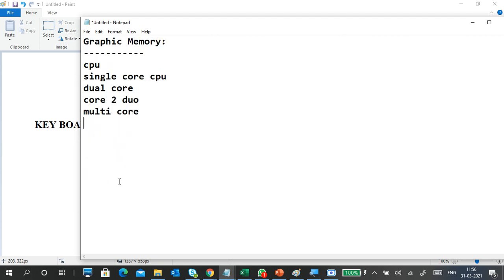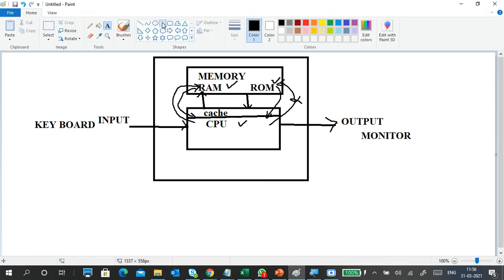So we have seen that one, no? A single core processor is divided into multiple processors. Dual core means one single core processor and another single core processor combined together. It is a dual core processor. It contains a common cache memory.